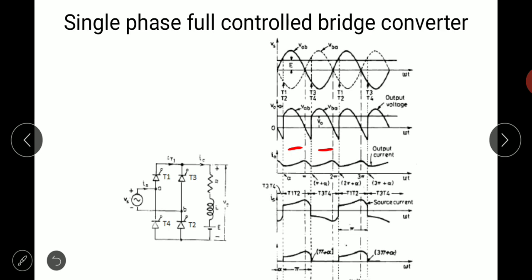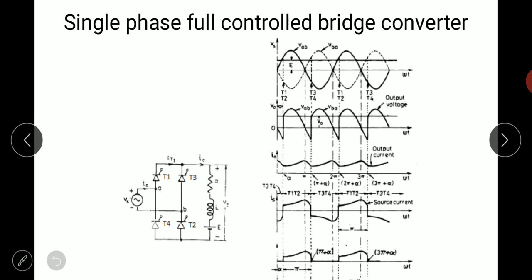The commutation of SCR will occur by diversion of current from first two thyristors to next two thyristors, because first two thyristors are reverse biased and next two thyristors are forward biased when the next two thyristors are triggered.